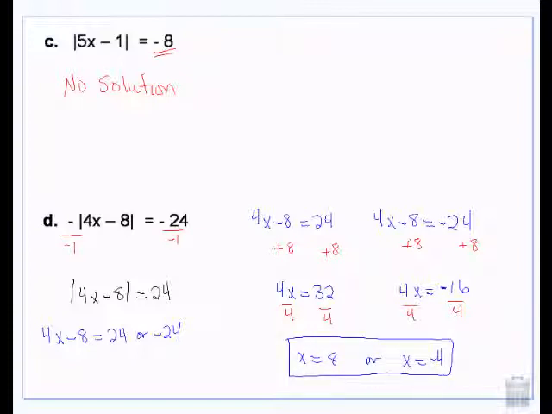And if it's compound, it's the same steps, right? I'm adding 8. I just have to do 3 instead of 2. And then I'll get the same answer, 8 or negative 4. Can you guys see that I'm dividing by 4 here? And then that'll give me the same answer.